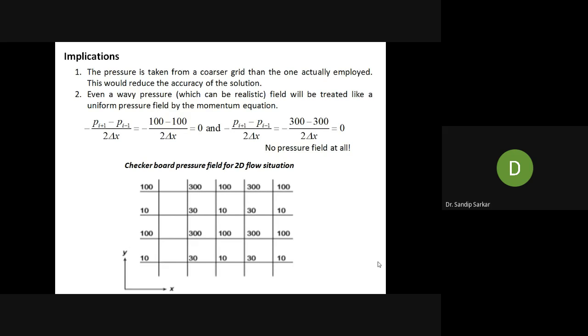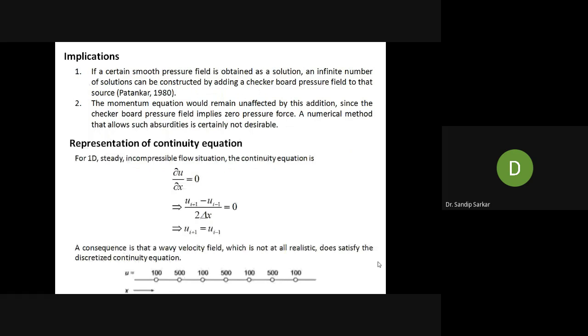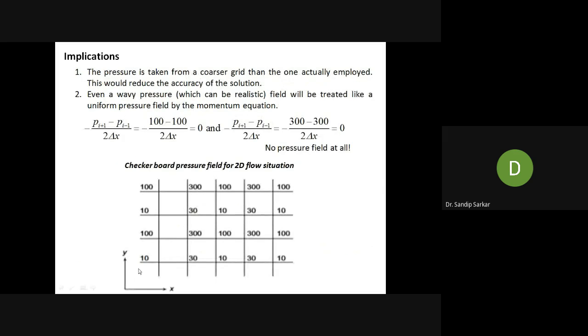Not only in a two-dimensional case, but also in the three-dimensional case, you may end up with a numerical solution that is devoid of any pressure gradient. So your flow is happening in a two-dimensional situation, but there is no pressure gradient. This is called a checkerboard pressure field.